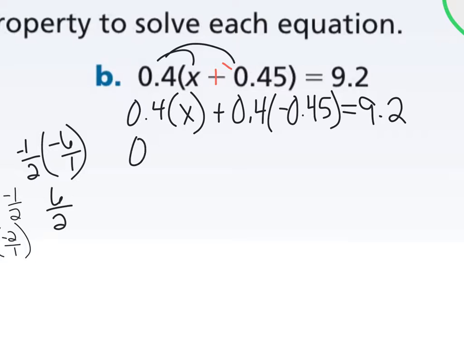Four-tenths times x would just be 4/10 x, and then if we multiply 4/10 times negative 45/100 is negative 18/100.